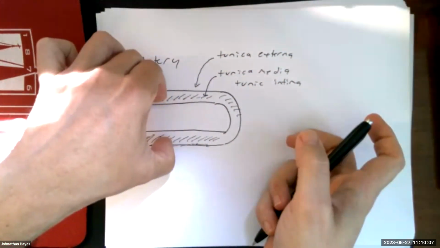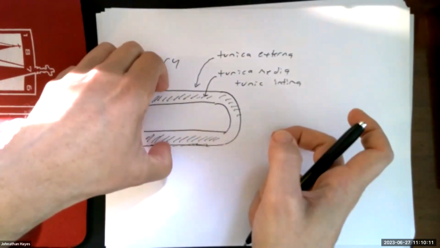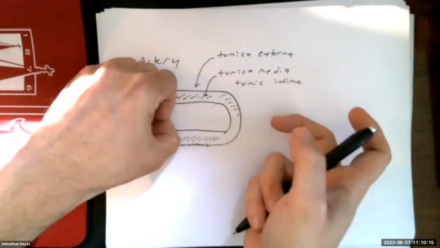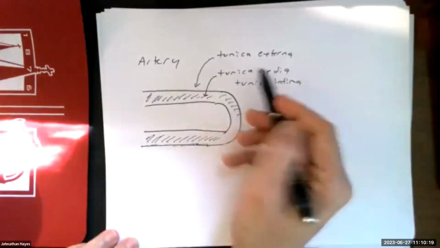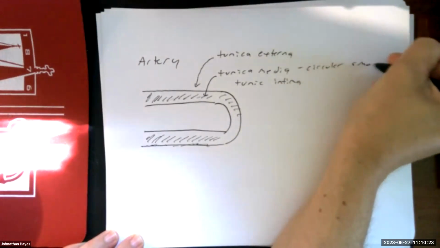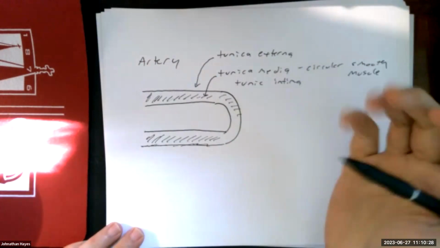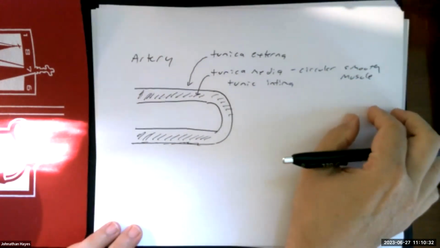Like this. So when the vessel wants to be smaller, then we can go through vasoconstriction. The smooth muscles will contract like that. When the vessel wants to be bigger, we can relax those smooth muscles, right? It opens like that. So your tunica media is mostly circular, smooth muscle, right? Which we can contract and relax, and that's what allows most of our vasoconstriction versus vasodilation, okay?